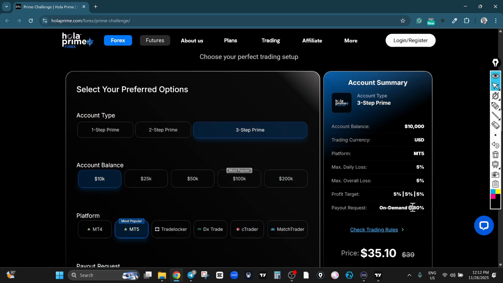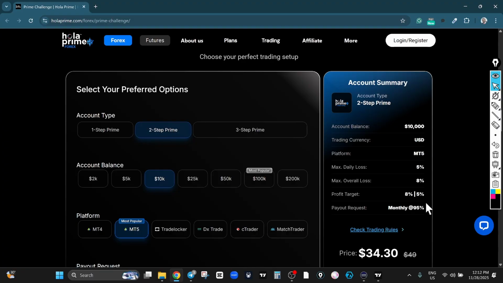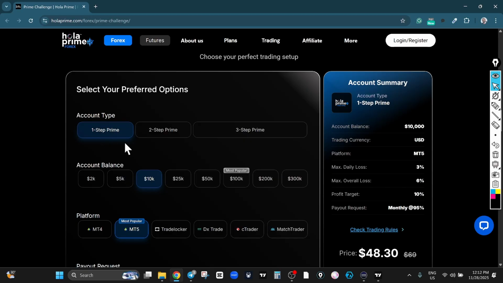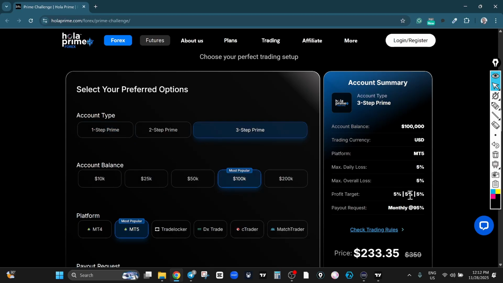The profit target for phase 1 is 5%, 5% for phase 2, and 5% for phase 3, which is way lower. Like the two-step prime, we have 8 and 5, and the one-step is 10%. So with this, you simply have 5%, 5%.